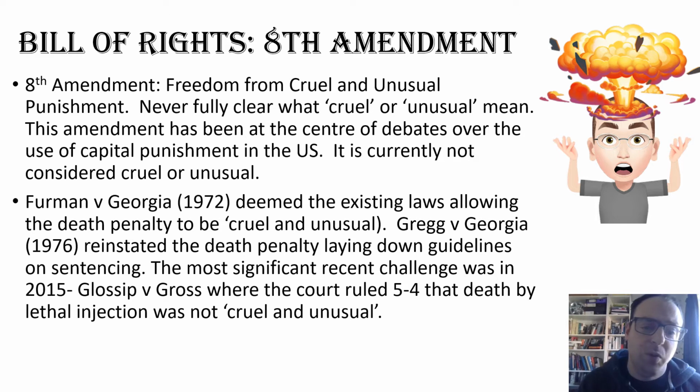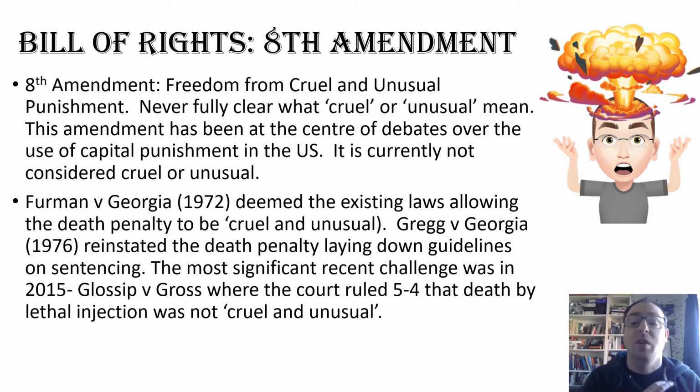There was the Furman versus Georgia judgment in '72, which deemed that existing laws allowing the death penalty were cruel and unusual. A lot of that was actually to do with the technicalities of how it was done, rather than saying that carrying out capital punishment and killing people is wrong. It was more that there were some prejudicial things and some inconsistency in the way these things are done, and there needed to be some central guidelines.